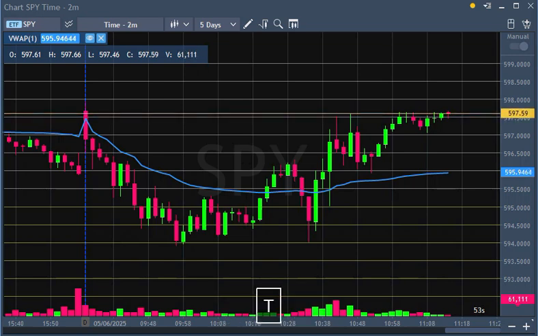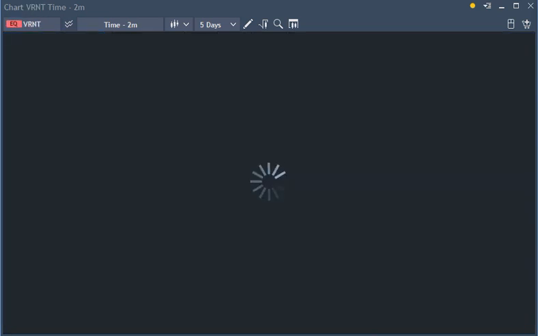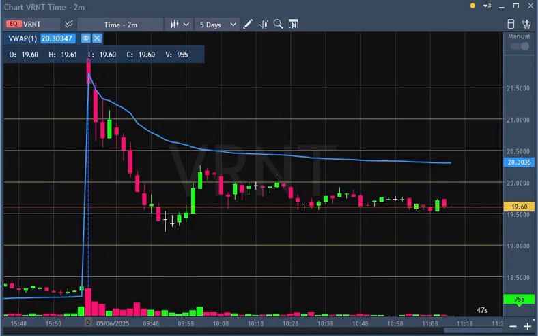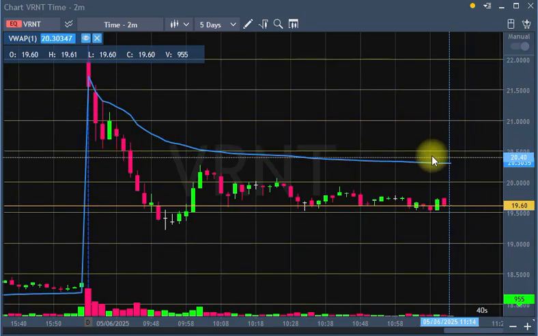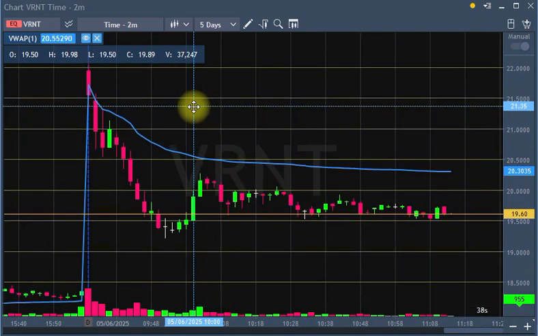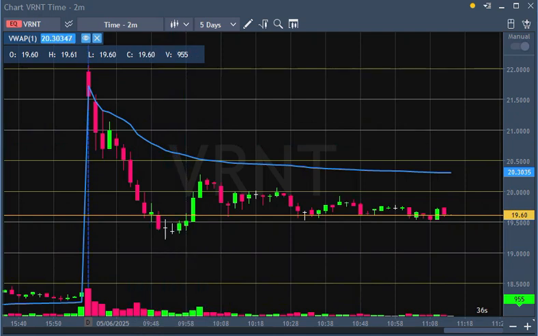VRNT, I think that's the symbol, the name of the company. Not sure, but that's good enough for us. Okay, whew, not a pretty sight. So a big gap up, as you can see, but, and this is shameful, about a quarter of the time the stock gaps up and then meets sellers, and this is exactly what happened here.